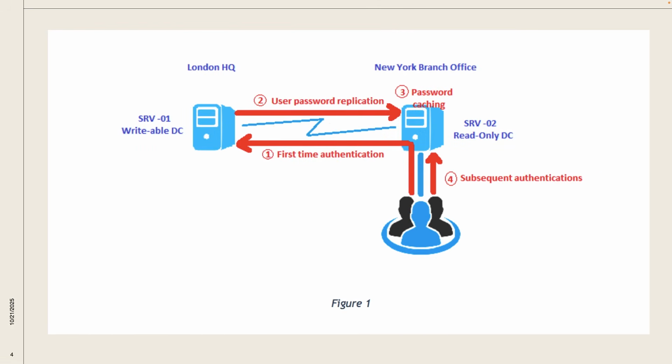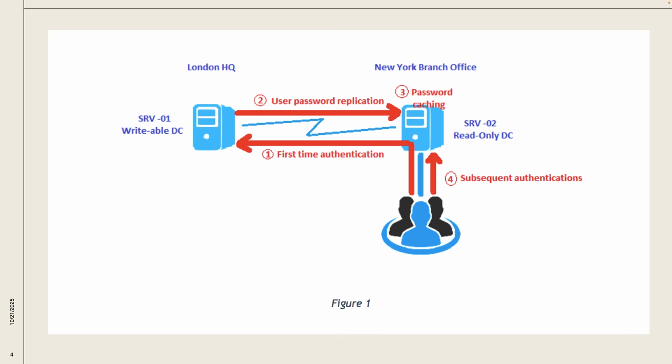Well, in this diagram, you see we have the London HQ where we have writable domain controllers. Then we have a small office in New York. In this branch office, we have a lack of IT staff or poor security. So we do not want to deploy a writable domain controller, but we also want to localize the authentication server for marketing, sales, or users joining from the New York branch.